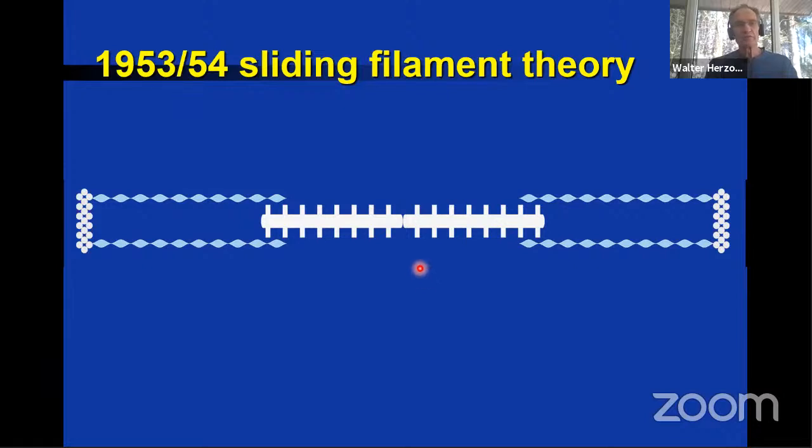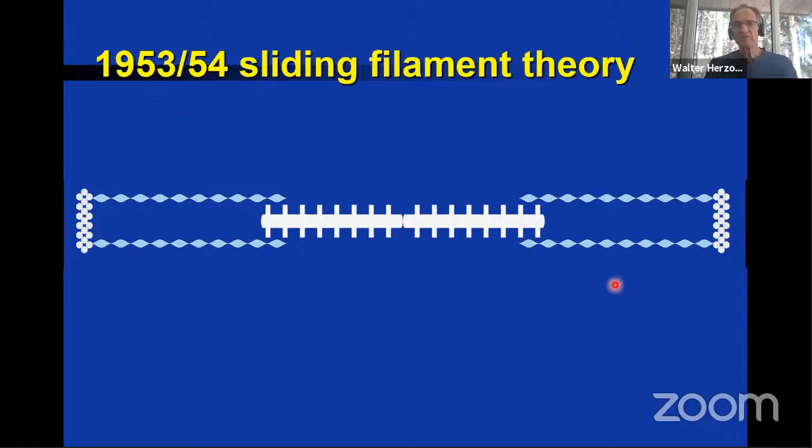Many of you will know that before the 1950s, we thought that shortening and force production were achieved by a shortening of the myosin filament here. And then Hugh Huxley and Andrew Huxley in these publications in 1953 and 1954 showed very nicely that no, the myosin filament stays at about a constant length and therefore could not be the reason for force production and shortening of muscle.